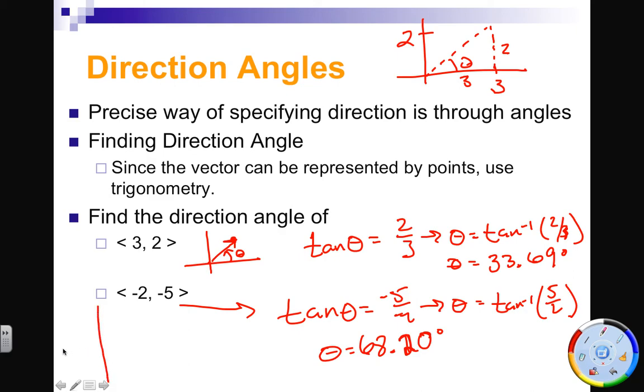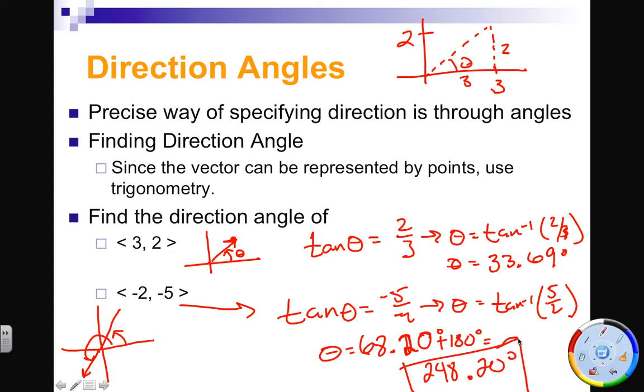So you got to remember your inverse rules. Here's the actual angle in question all the way around here. So you have to add 180 to get your actual answer, which is 248.20 degrees. So pay attention to the quadrants again, just like we did last chapter. Some of you guys are going to have nightmares because you didn't like it when we had it before.